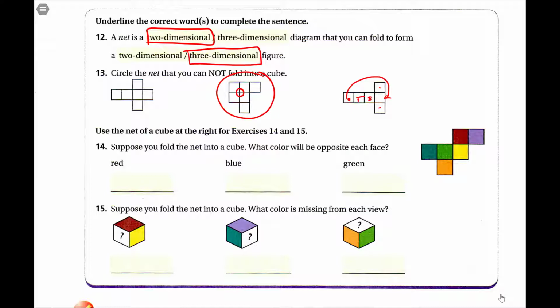Now, number 14 is going to be one where I'm going to use another one of my fancy created manipulatives to help us answer 14 and 15. And the way I'm going to do that is I want to label these. Instead of using colors, I'm going to label these 1, 2, 3, 4, 5, and 6.